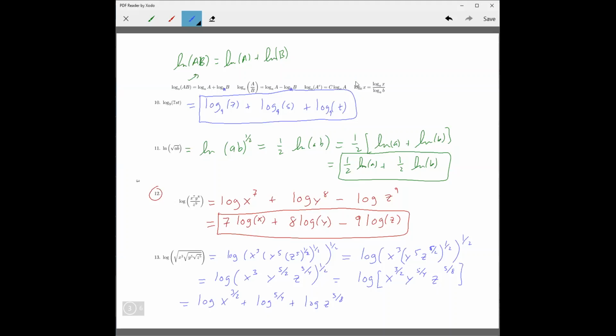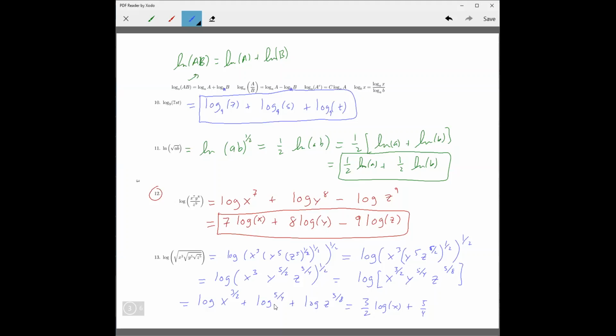Then use the power rule to pull the 3/2 down, the 5/4 and the 5/8 down. So 3/2 log of x plus, and then pull the 5/4 down right here.